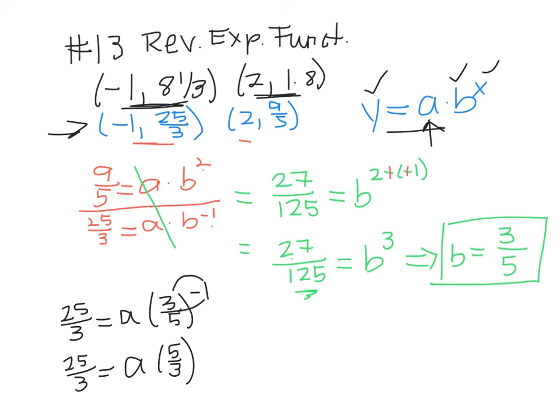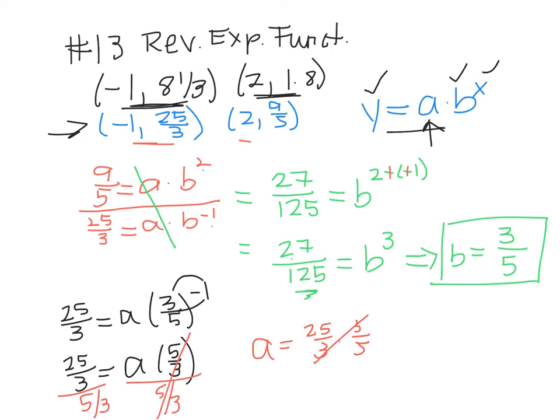So now I need to get a by itself, which means I divide both sides by 5/3. Those are going to cancel, and now a is 25/3 divided by 5/3, which is really 25/3 times 3/5.